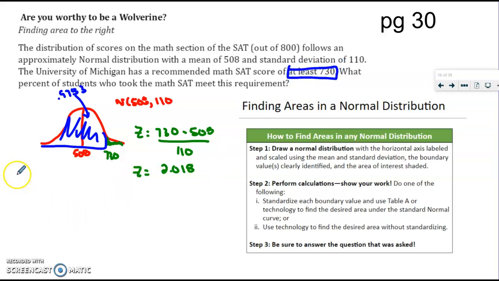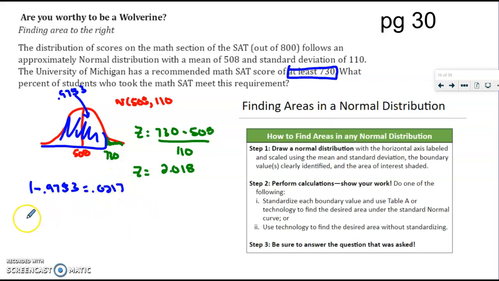So we're trying to find the probability of an event that's greater than 730. In this case, I'm going to take 1 minus 0.9783 to find that probability. And I get that to be 0.0217.